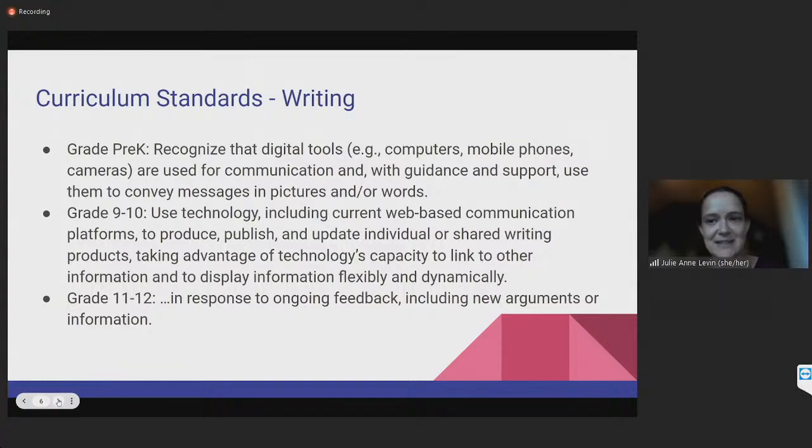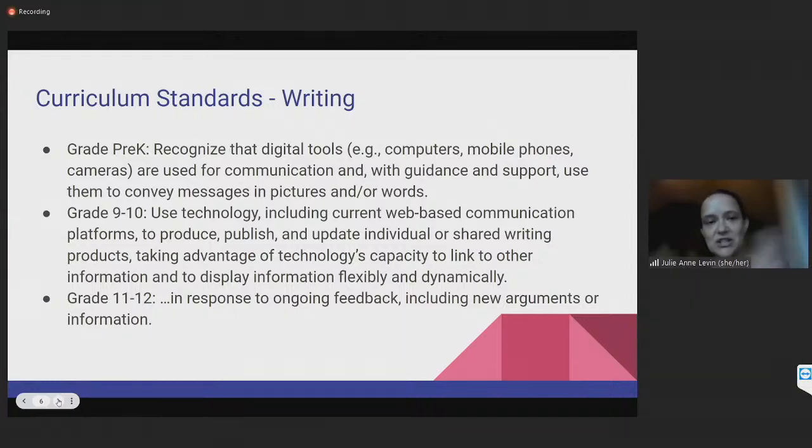I really wanted to point this out: in response to ongoing feedback, including new arguments and information. I think that's something every adult is still working on. What's the skill of being able to change your mind in response to new arguments and information?